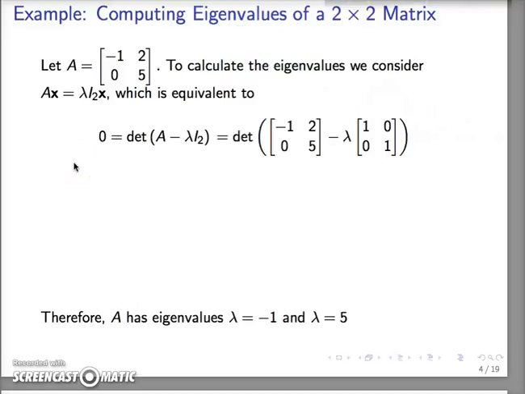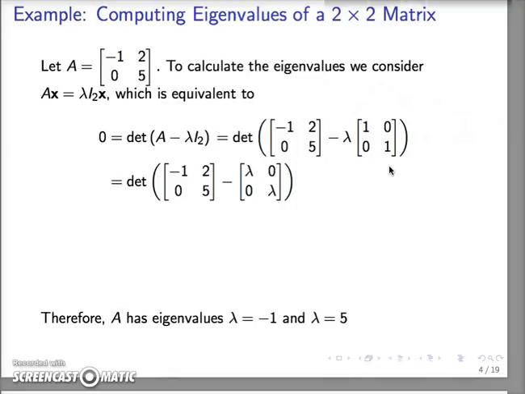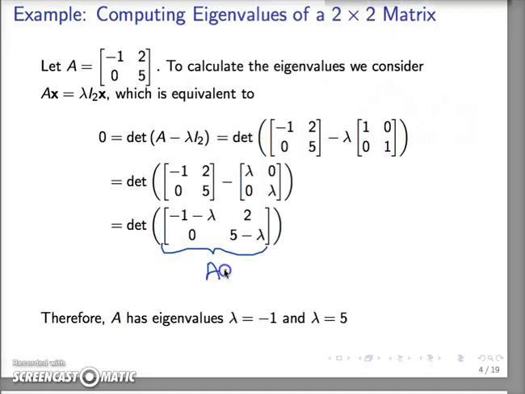This is the determinant of A minus lambda times I. A minus lambda I is this matrix here, which is basically taking the original matrix and subtracting lambda from the diagonal entries. You're still operating with a 2 by 2 matrix.